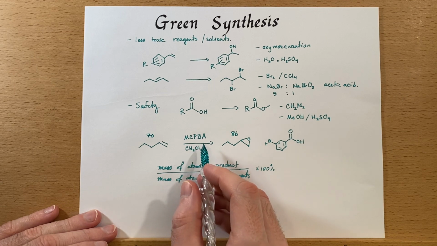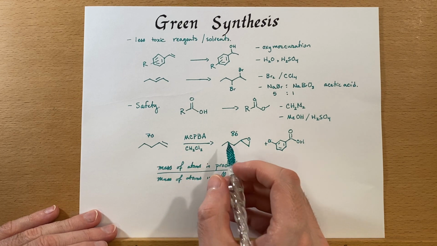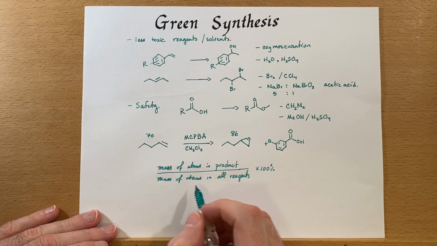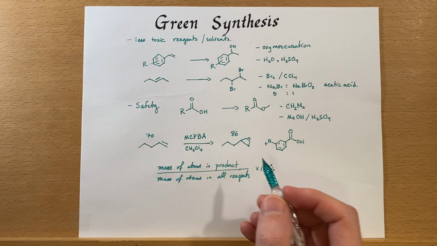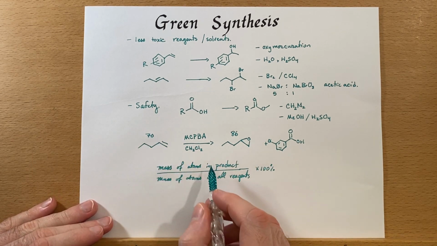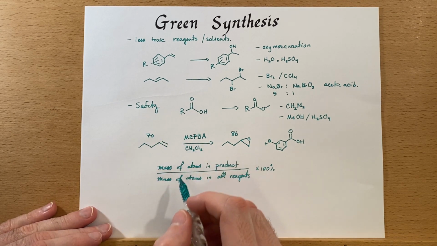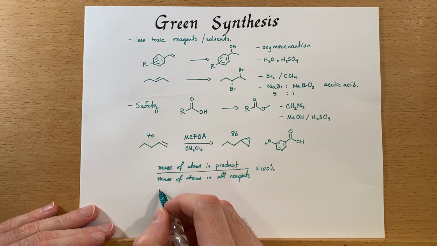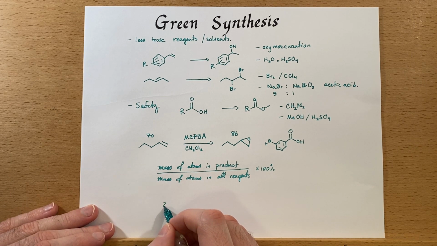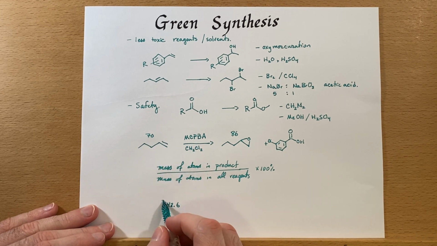And our MCPBA has a mass of, let's see here. I only wrote down the total mass. Well, the total mass of my reagents: 70 plus, I'm forgetting what the mass of MCPBA is, 242.6. That's the 70 plus this.